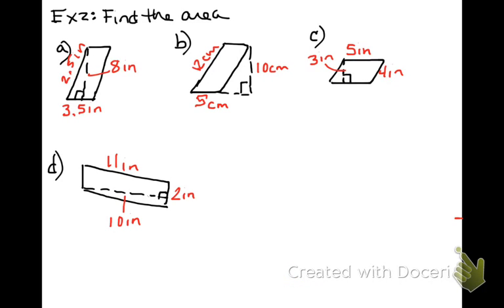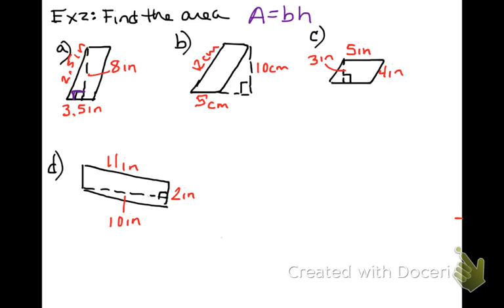Example 2, find the area of these parallelograms. So notice that they gave you 3 numbers, and all you need is 2. Remember, you have area is base times height, but the base and the height have to be right angles to each other.